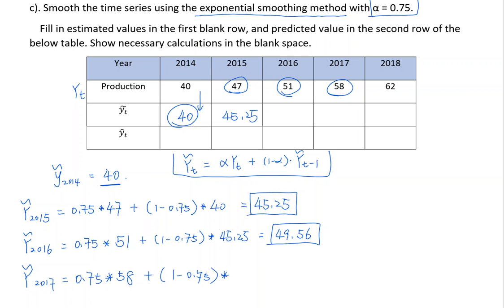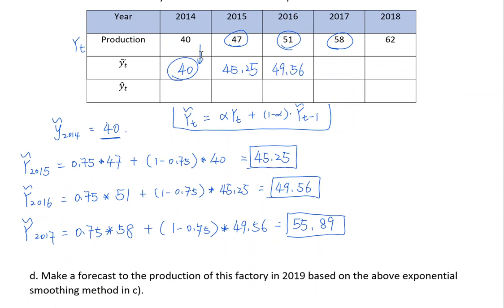So we didn't enter here, so the previous estimated value is this, right? 49.56, which is 2017, which is 55.89. I know it is a long procedure, but be patient. Alright, okay. So we have the estimated value for 2017, which is 55.89, and then we are almost done.